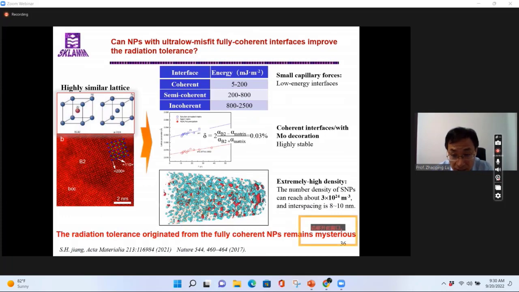As I just mentioned in the first part, our nanoprecipitates have a low energy interface, so the capillary force should be small, and the interface is highly stable because molybdenum has the lowest diffusion rate in the iron matrix.